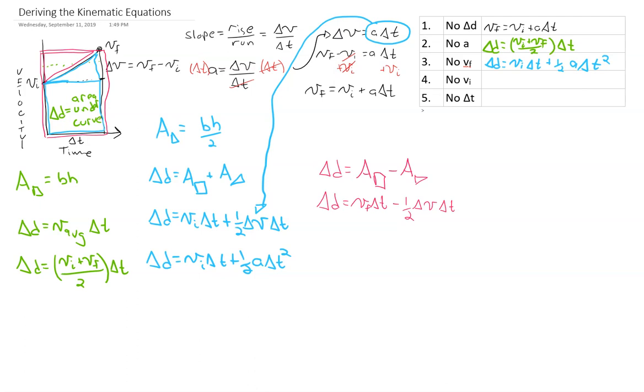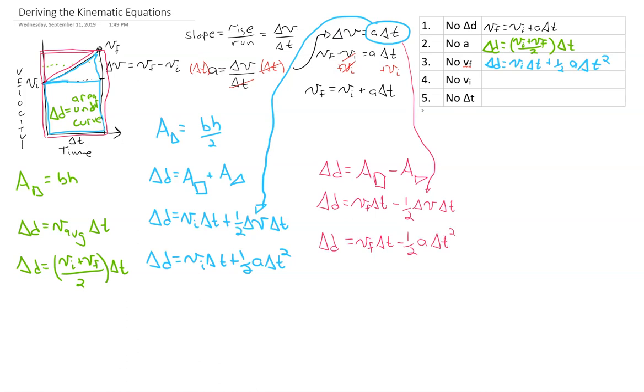This is a very similar derivation to the last one. My change in velocity, I already know, is A delta T. So I'm going to put A delta T in, and I'll get change in distance is final velocity times time minus 1/2 acceleration delta T squared.